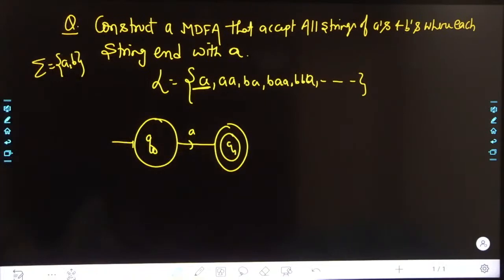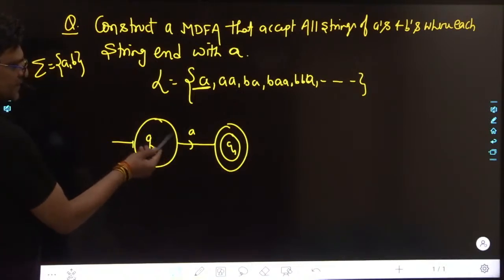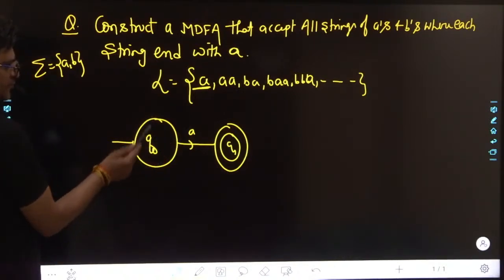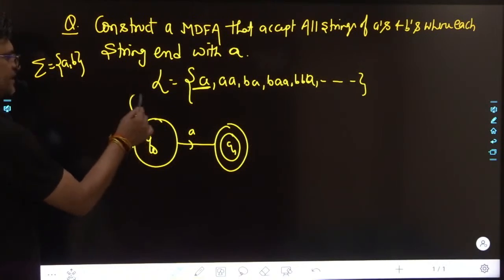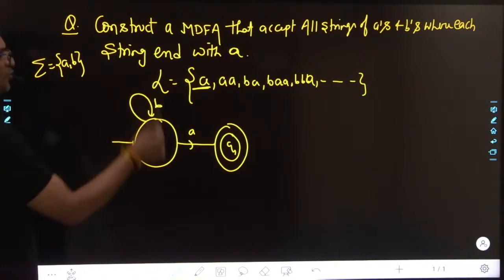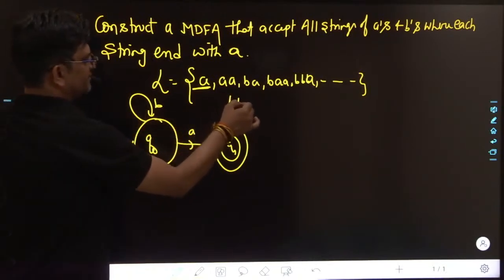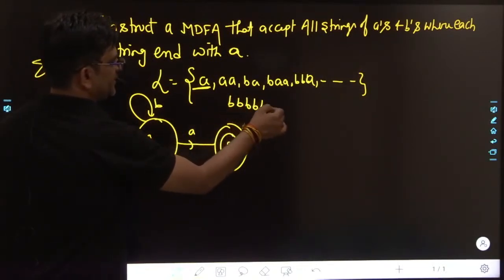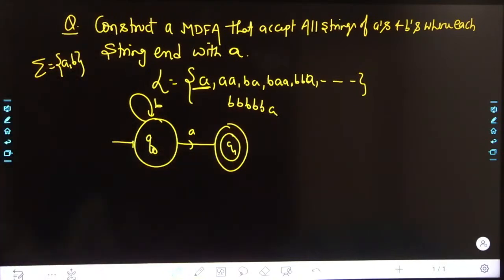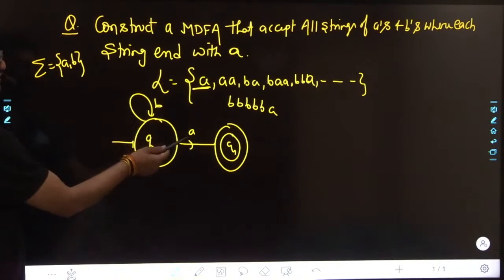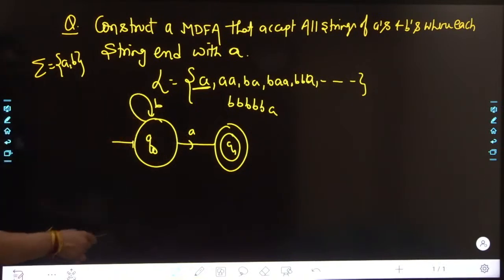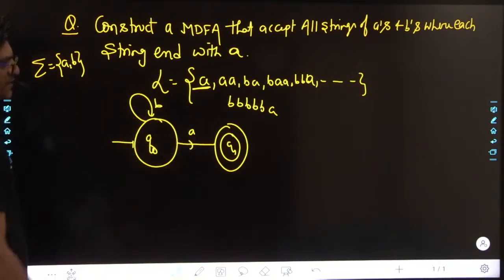Now make the DFA for this one. So, what about B on Q0? We can make a loop on B because the string can contain B, B, B, B, B, A. So Q0 has one transition for A and one transition for B. Now come to Q1.